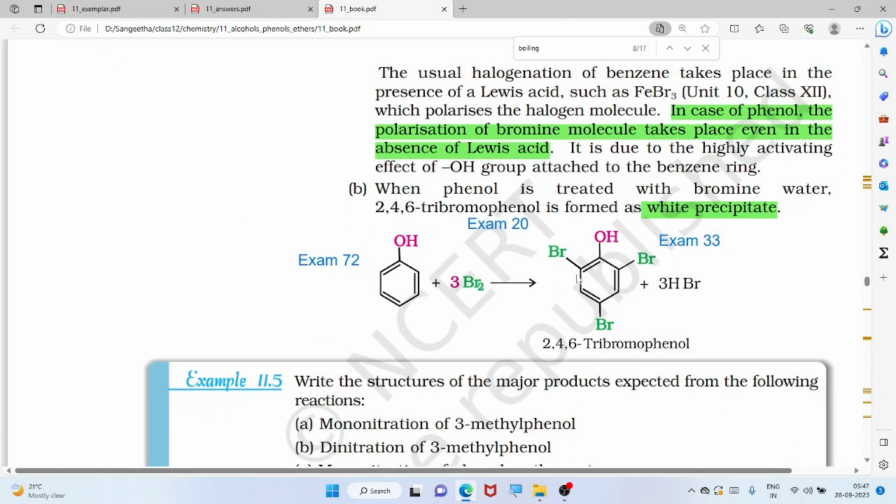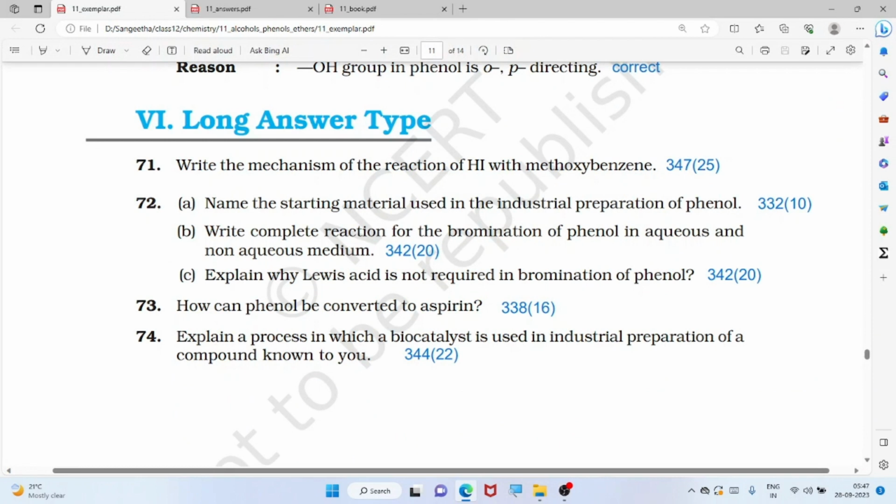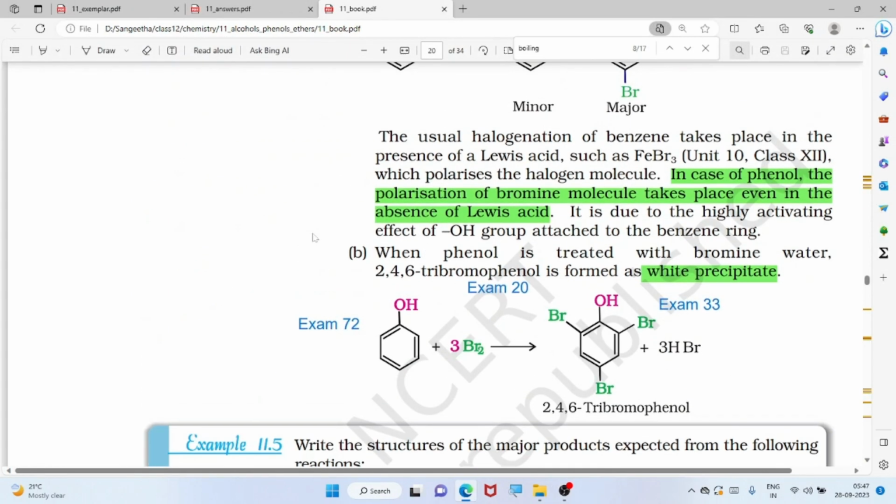Bromination of phenol. Explain why a Lewis acid is not required for the bromination of phenol. In the case of phenol, the polarization of the bromine molecule takes place even in the absence of a Lewis acid. Without a Lewis acid itself, this polarization takes place. So we don't need the Lewis acid.